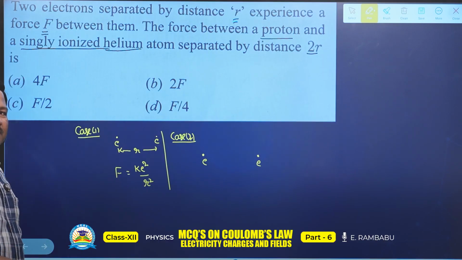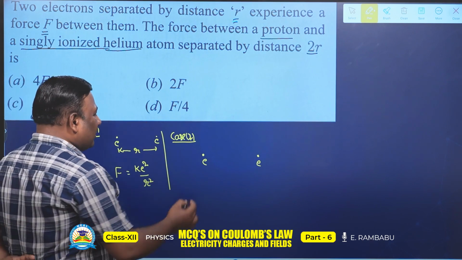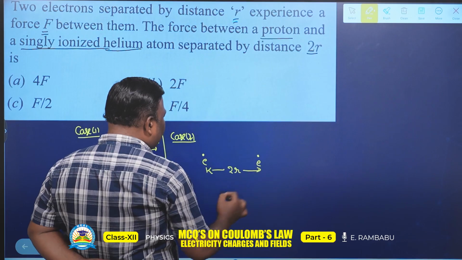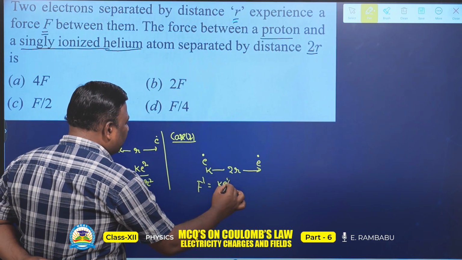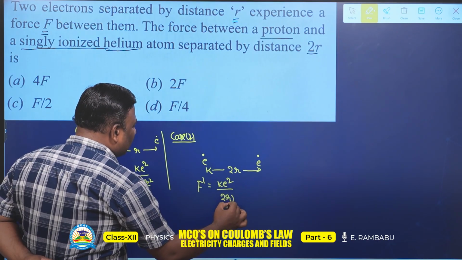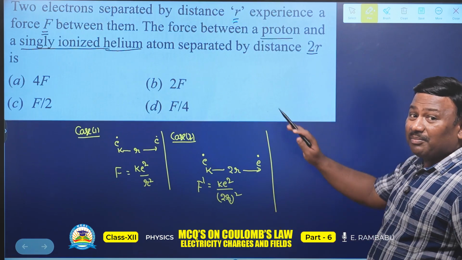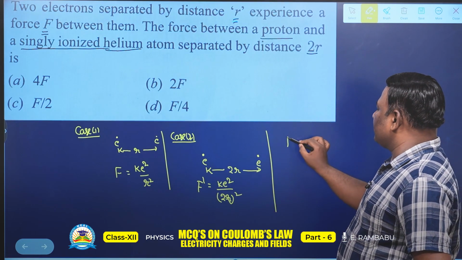If two electrons are present, it would be 2e, but singly ionized means it has only one electron. Now the distance between these two charges is 2r. So from that, the new force can be taken as K into e square by (2r) square. Now in this situation, distance is varied. In the previous question, charge was variable. Now we are going to find the new force.